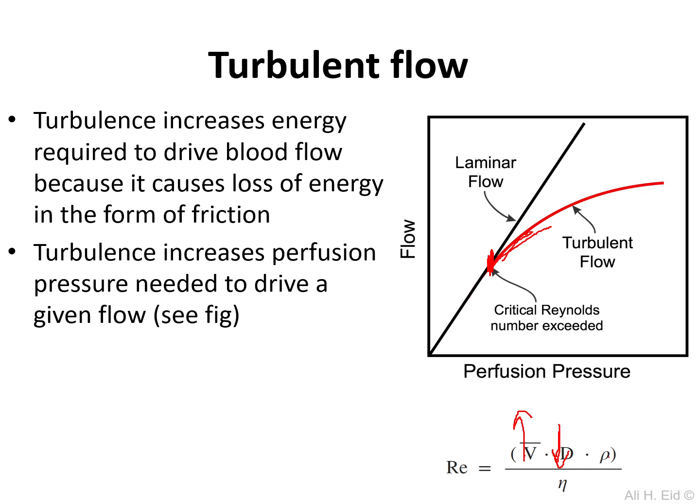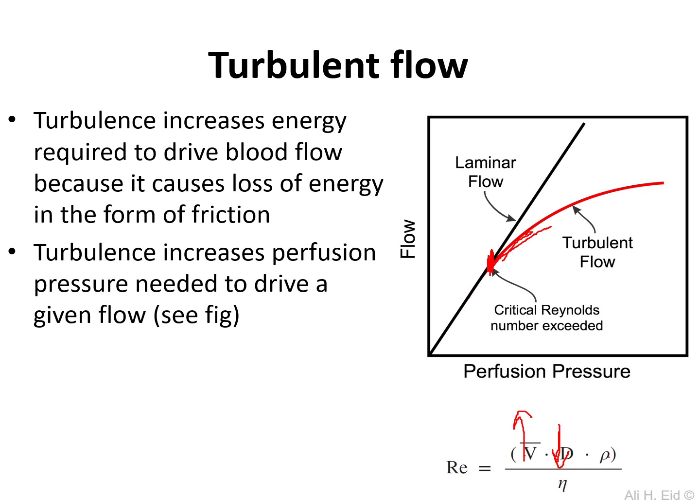The area is related to pi r squared, right? So a twofold decrease in the radius is going to affect the area to the power 2. So a decrease by a factor of 2 in the diameter is going to cause an increase of 4-fold in the velocity, and that's how it's going to increase Reynolds number, and thus it will more likely cause turbulence.